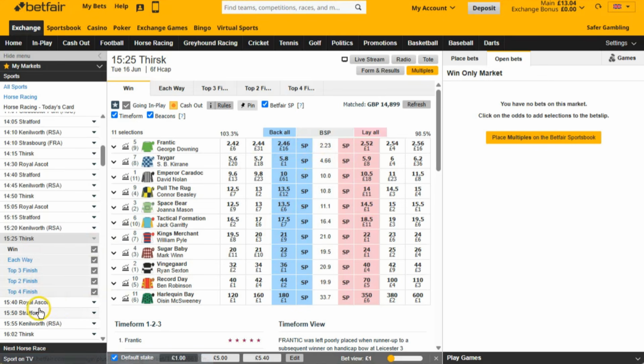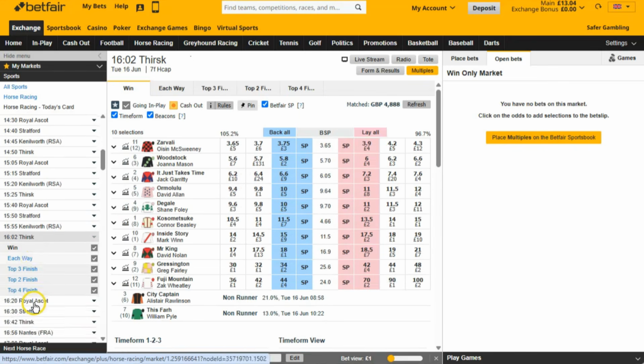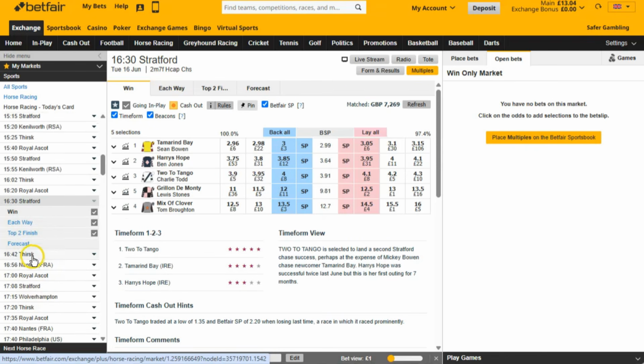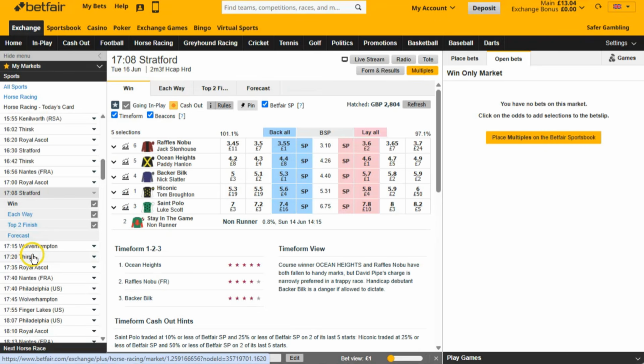Too many runners in that for my liking. We don't want to do Royal Ascot today. That's a nightmare. Two less. Just going to try and find a race that I like, which I'm not finding many today. Nope.